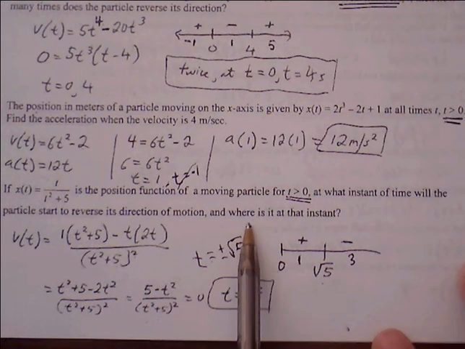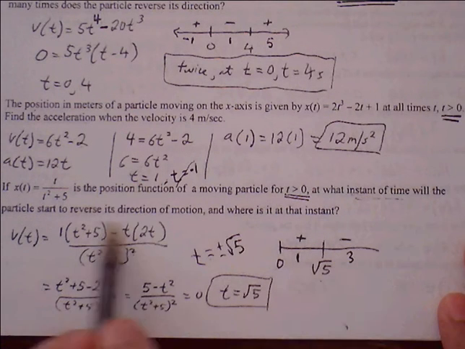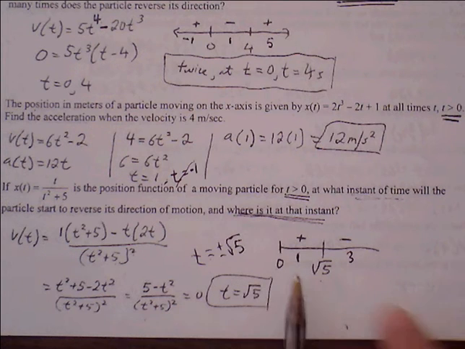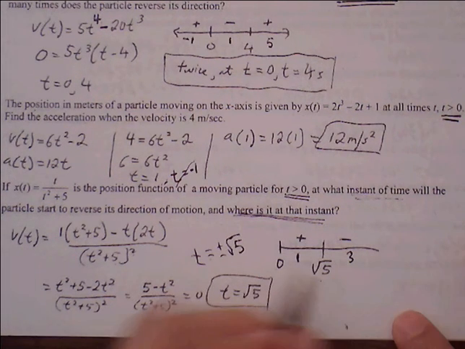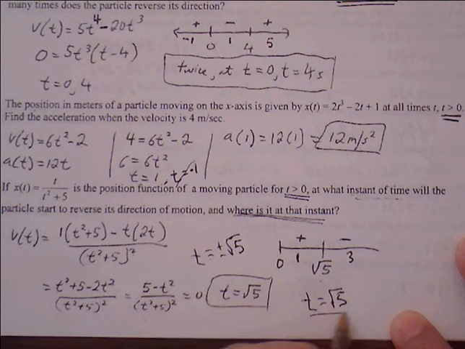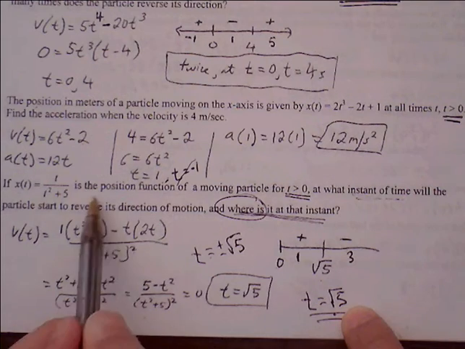So we know the instant in time, and then where is it at that instant, we would have to plug root 5 back into x of t. So we know that t equal to root 5 is going to be the time, but then the location would be found by plugging root 5 into x of t.